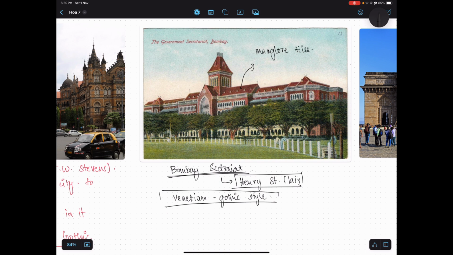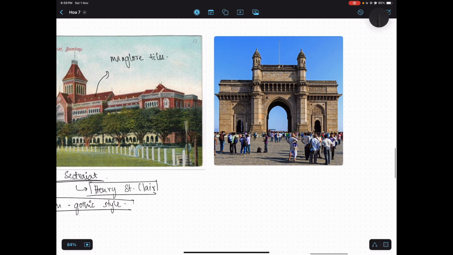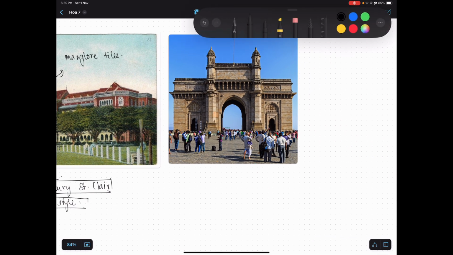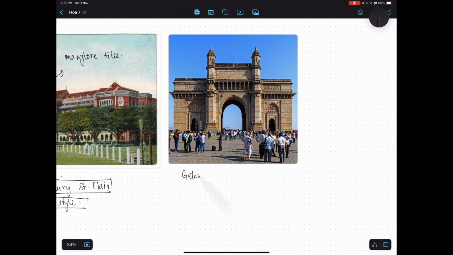Now let's move on to the Gateway of India. And this was designed by George Whitted, and basically they designed this building to honor the visit of King George V and Queen Mary to India.